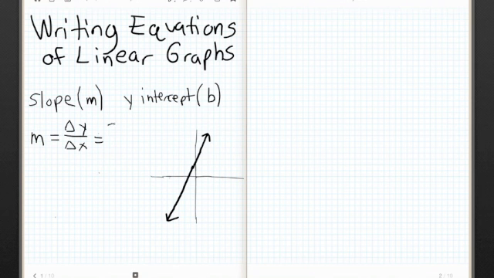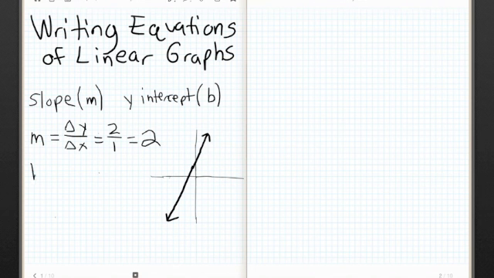So when y goes up by 2, x goes up by 1. That means our slope, simplifying this fraction, is 2. The slope of this line is 2, because y goes up by 2 every time x goes up by 1.